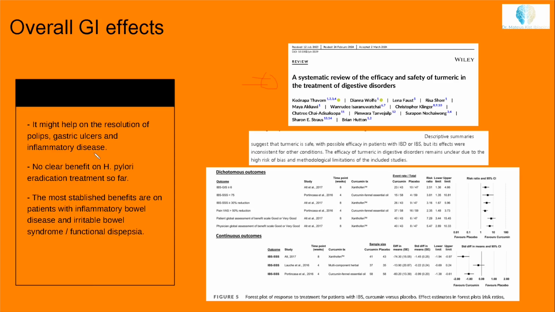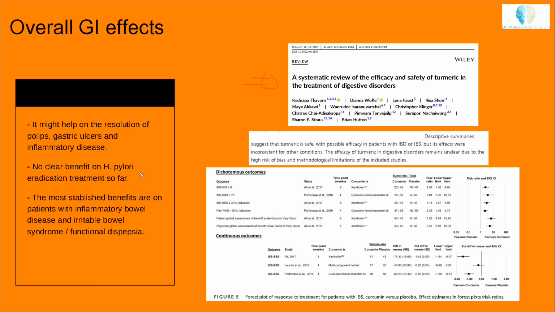It might help on the resolution of gastric ulcers and to reduce the activity of inflammatory disease of the gastrointestinal tract. There is no clear evidence of benefit on treatment to eradicate H. pylori so far. We will see what if new studies are conducted about the subjects, but overall, with what we have now, there is no clear benefit about the eradication to improve our rates of eradication when you add curcumin.